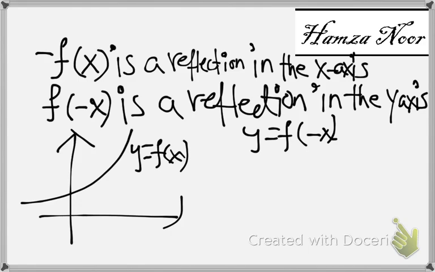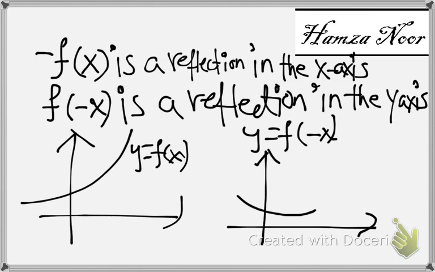All you need to do is just reflect this graph in the y-axis, like this. Very much simpler. Basically, the y-axis is the line of reflection, and you can recall this concept from O-levels transformations, which you have studied previously.